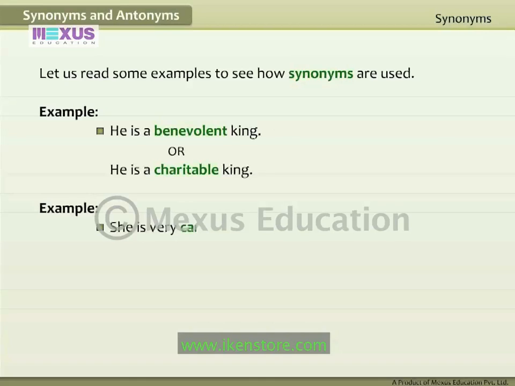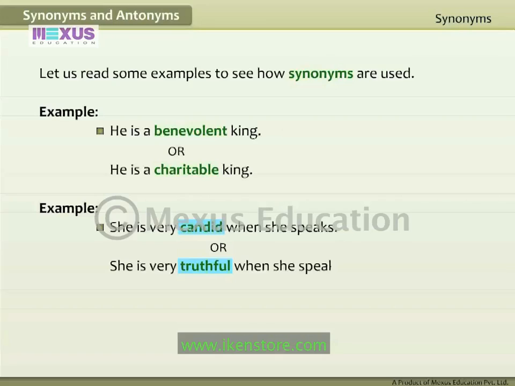She is very candid when she speaks. If we replace candid with the synonym truthful, the sentence becomes, She is very truthful when she speaks. Once again, the meaning of the sentence remains the same. Thus, synonyms can be used to convey the same meaning.